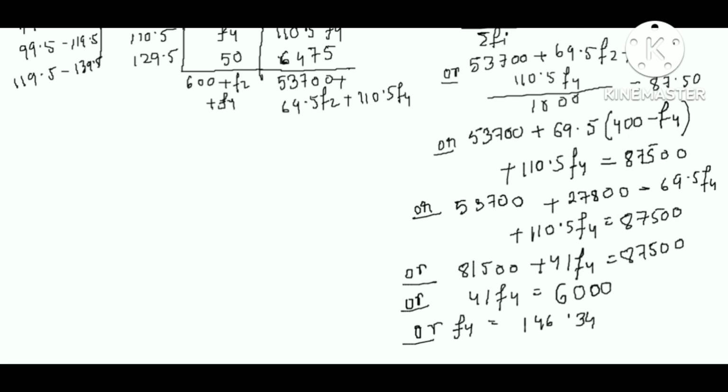Again, we know that F2 equals to 400 minus F4, that is equals to 400 minus 146.34, that means equals to 253.66.